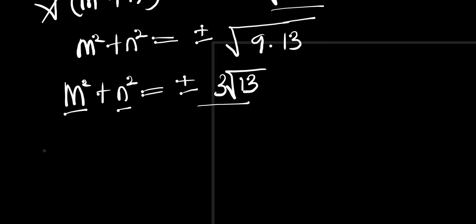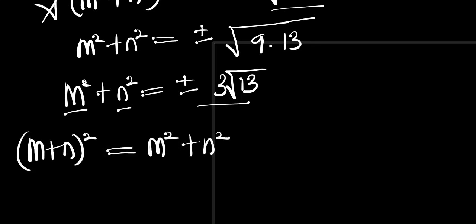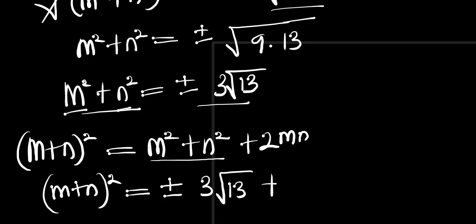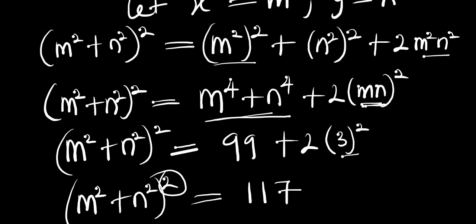Let's recall this other identity. If you have (m plus n) all power 2, this is equal to m squared plus n squared plus 2 times mn. We insert this for m squared plus n squared, so (m plus n) all power 2 equals plus or minus 3 root 13 plus, recall that m times n is actually 3, from the original equation.